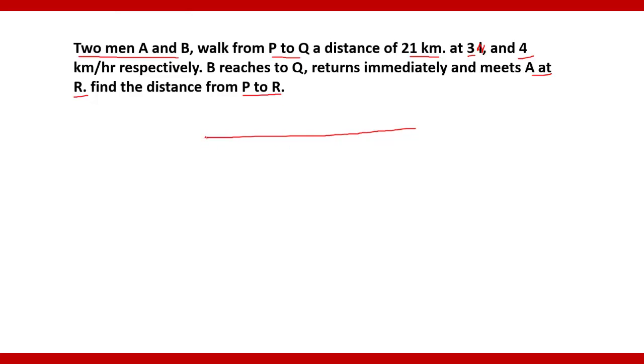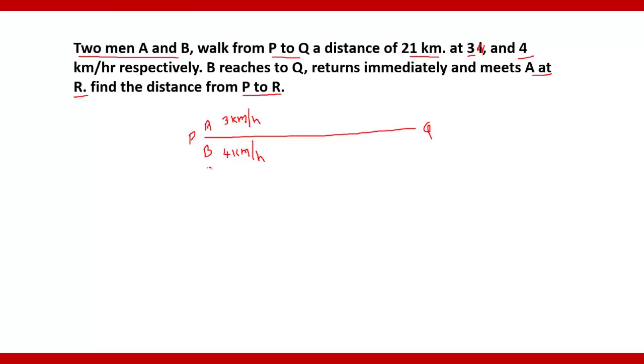Two men A and B start walking from the point P to Q. A starts with a speed of 3 km per hour and B starts with 4 km per hour.